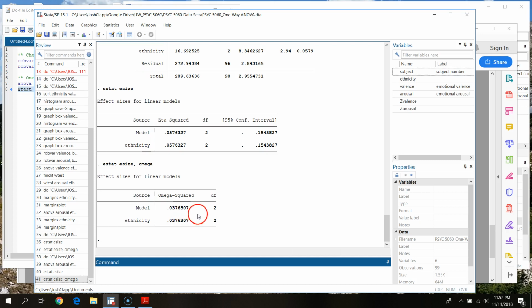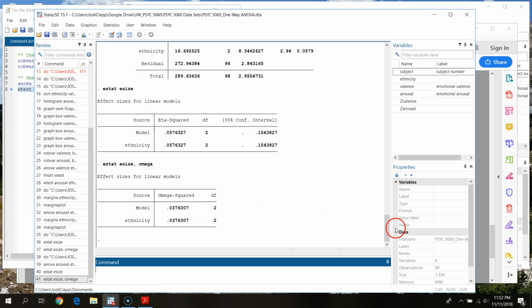In terms of our omega squared, we would expect across a population of white non-Hispanic, black non-Hispanic, and our unspecified other group, which is not optimal, about 3.7% of the variability in ratings in response to this film being attributable to group membership at the population level.